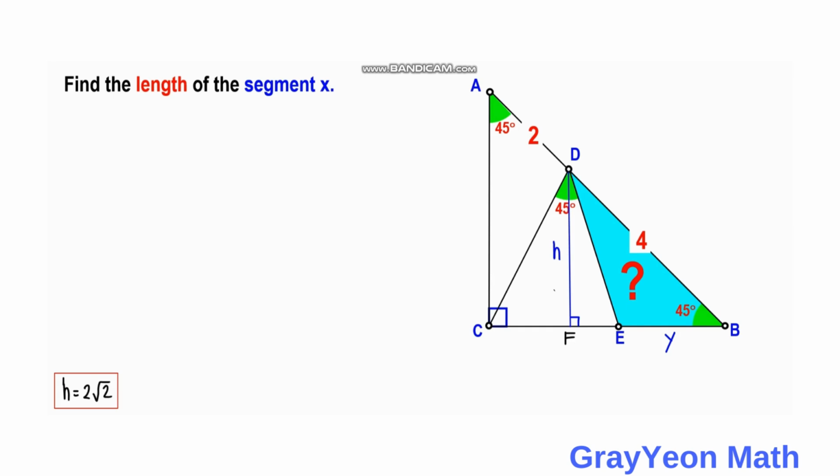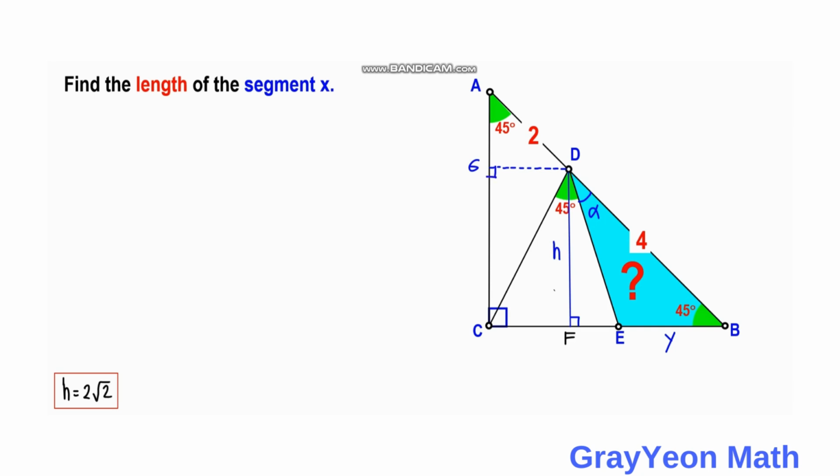Next, we focus on the angle. We can label this angle at D as alpha. Next, we draw a horizontal line from D until it intersects with this segment AC. Let's call this point G, and this should be perpendicular.